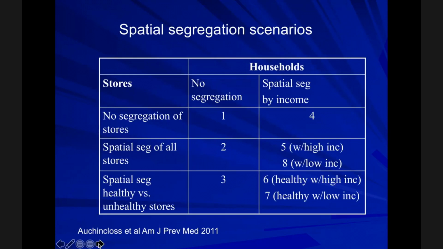So we tested different hypothetical segregation scenarios in which we had low-income people clustered with unhealthy stores or vice versa, all the different possibilities, to see under which scenario income differences comparable to what we see in the real world in diet emerged.